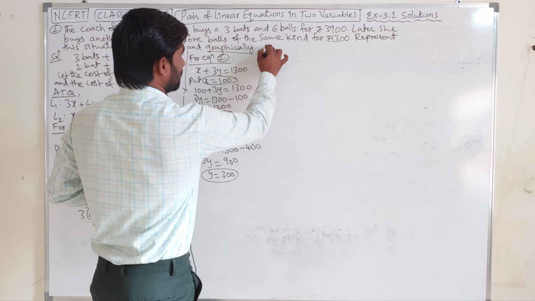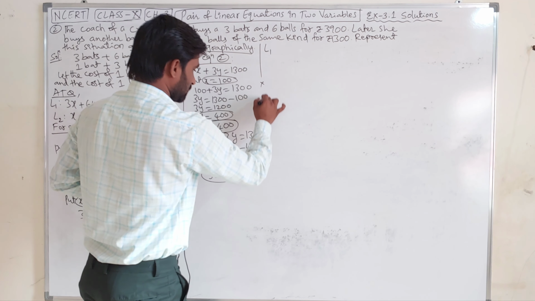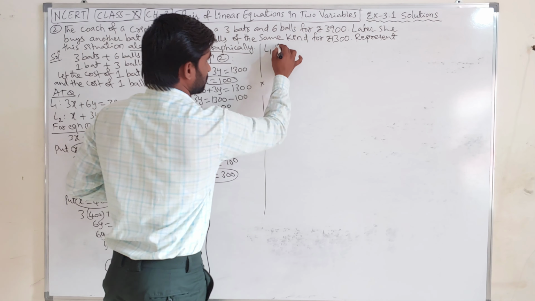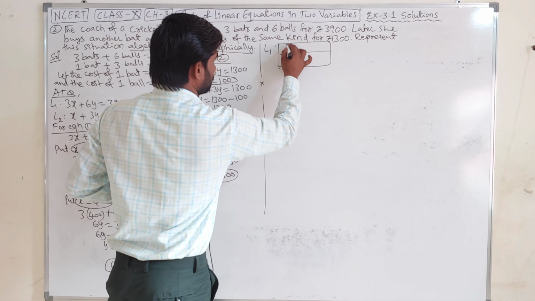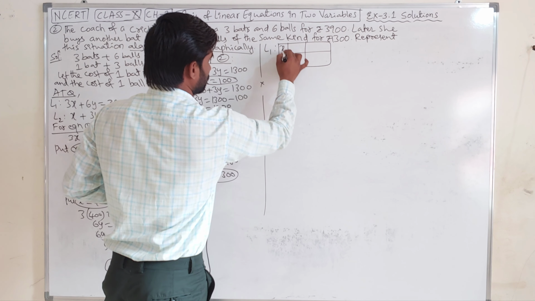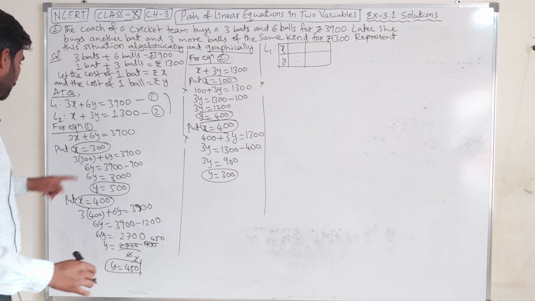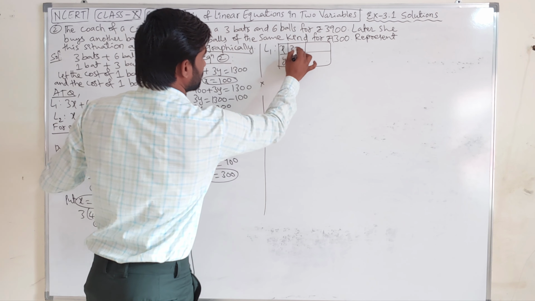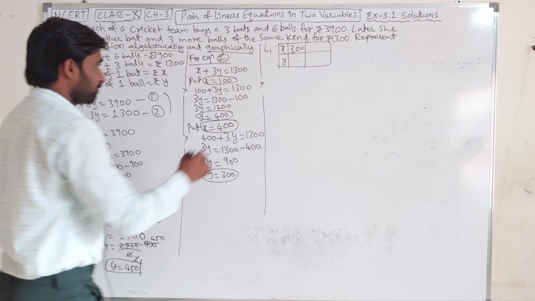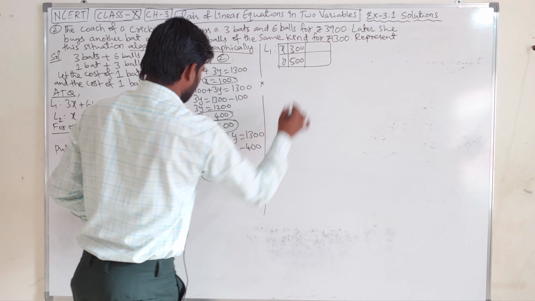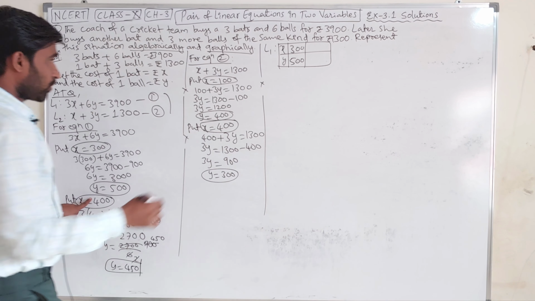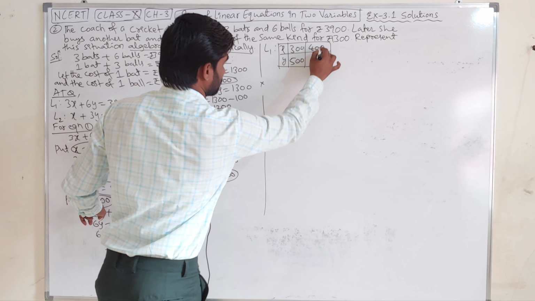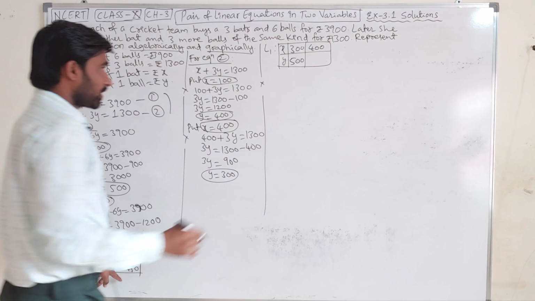So let us write here the solutions. For line 1, when x is 300, y is 500. When x is 400, y is 450.